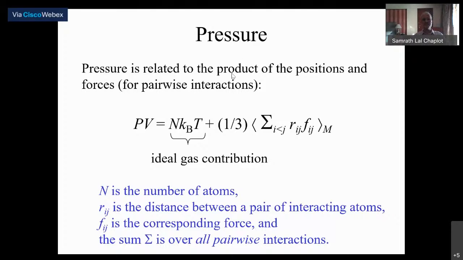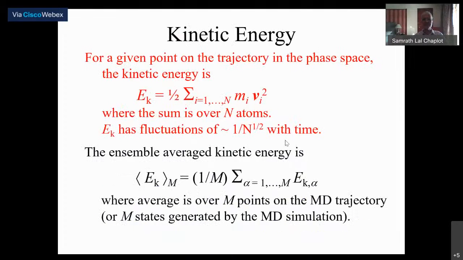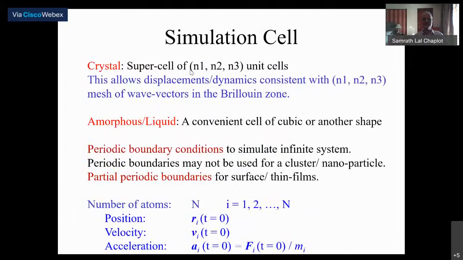So what is the pressure equivalent? The pressure comes from the boundary conditions of the simulation shape and size. So if I have assumed a fixed value of the lattice constants or the size and shape of the simulation box, that is a simulation supercell, what we said, this cell of N1, N2, N3 cells.